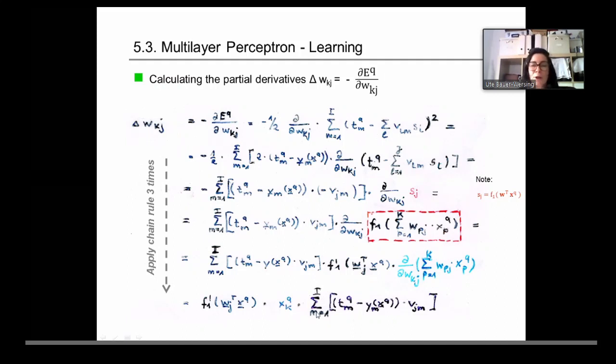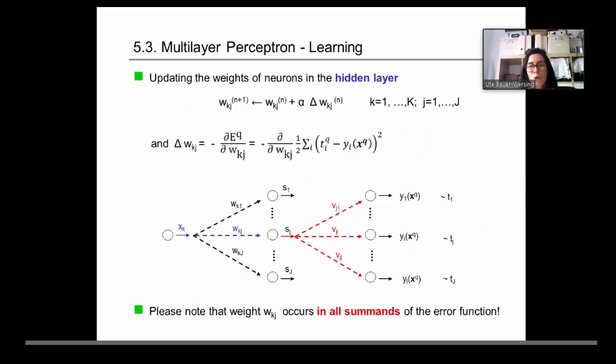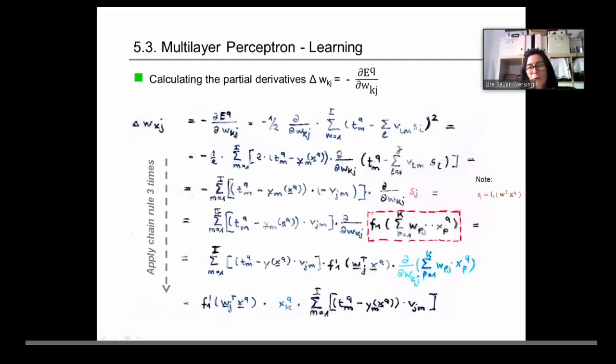We are summing here over the output neurons, the deviation of the target value and the current output value weighted by the weight Vjm of the output. Okay, so this was how we calculate the weight vector update for neurons in the hidden layer.